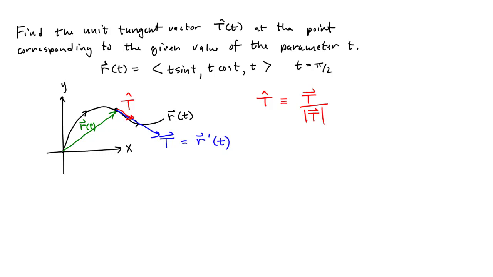In this case, this vector t vector, remember t vector, the tangent vector, is equal to the derivative of our position vector, and then this is going to be divided by the magnitude of the derivative of our position vector. This is what we're going to need to evaluate in order to find the tangent vector of the given function.